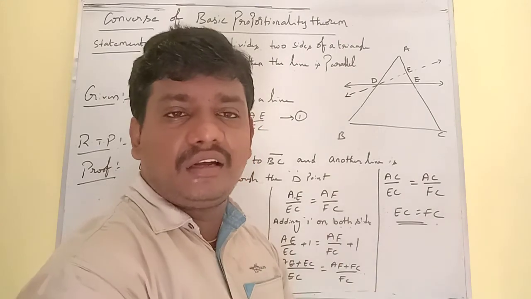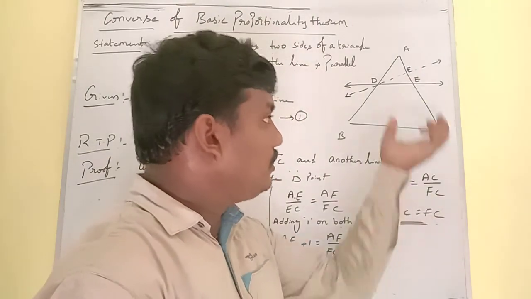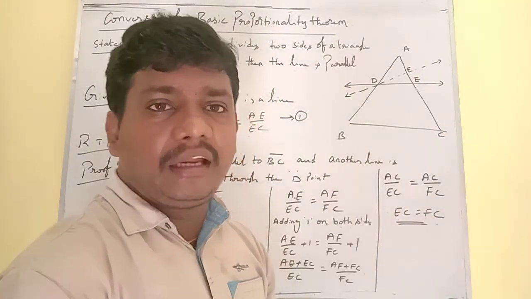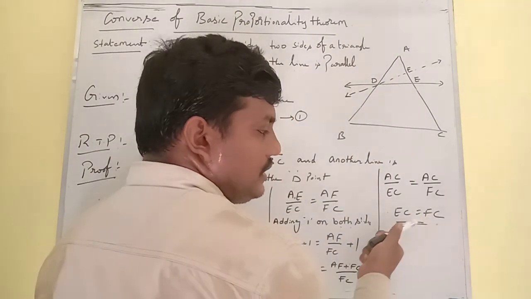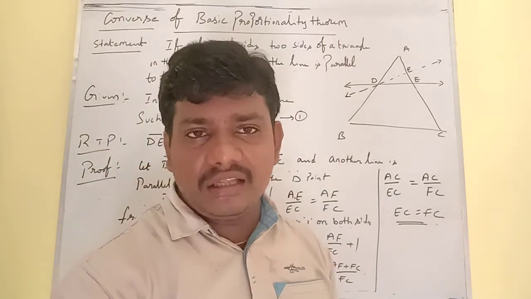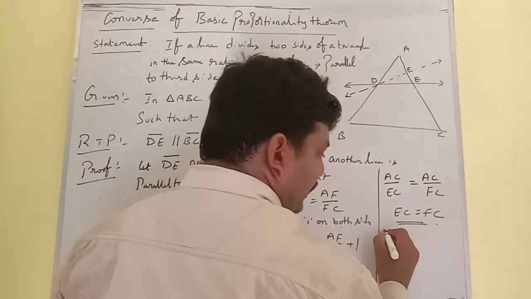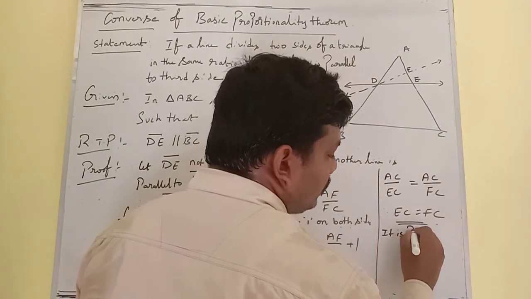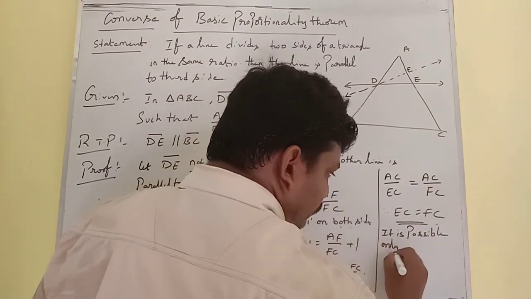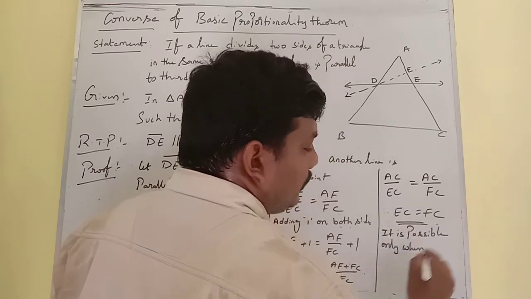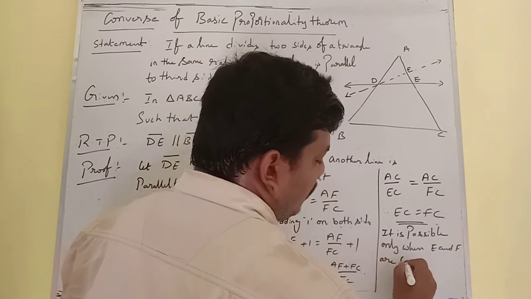So how will this contradiction become? Contradiction means false. It is clearly observed that this is false when compared to the diagram. The diagram says that FC is greater than EC, but here FC is equals to EC. It is possible only when E and F coincide each other.